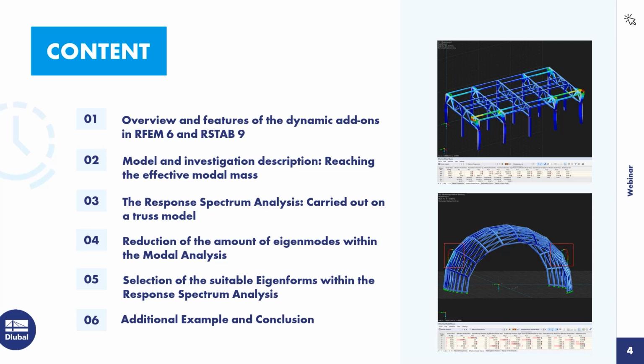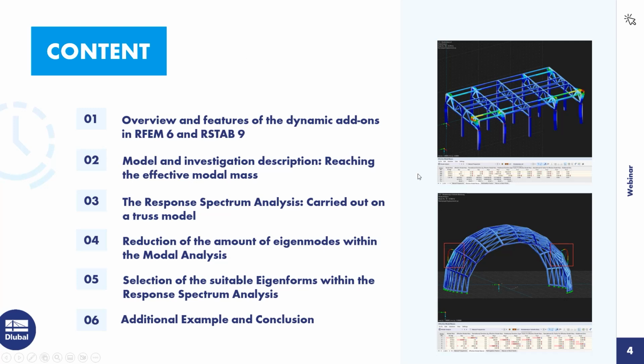And the goal of the webinar is to find the least amount of modes to use for the response spectrum analysis in such models. Of course, whenever there is a plenty amount of members within a system, there can also occur local eigenmodes. We can see that on the bottom right figure here. Those eigenforms won't take effect on our response spectrum analysis, and so we do not need to treat them.